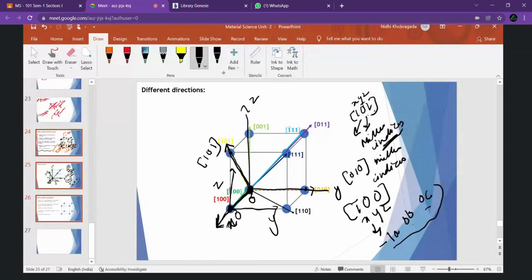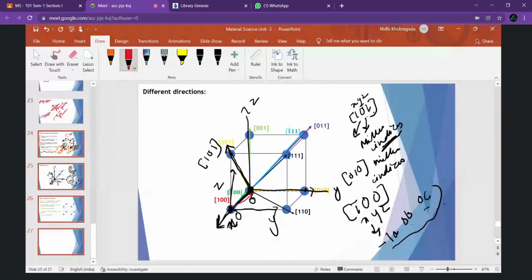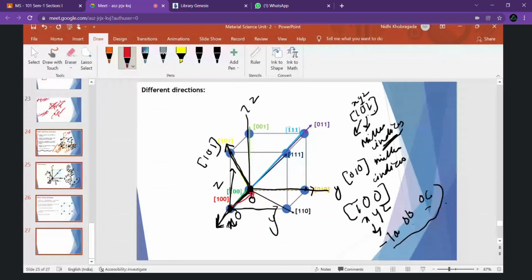And the rest of the values for y and z are 0. Okay, so it will remain here only. From this to this is the basic direction for this particular Miller indices, that is minus 1 0 0. Okay, so this is marked as green. You can see here the green direction with the given Miller indices.